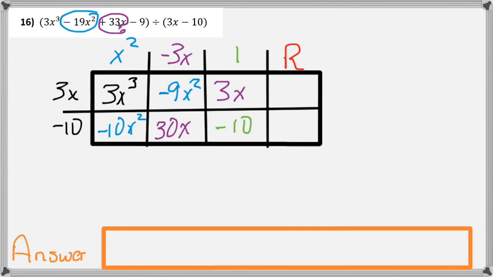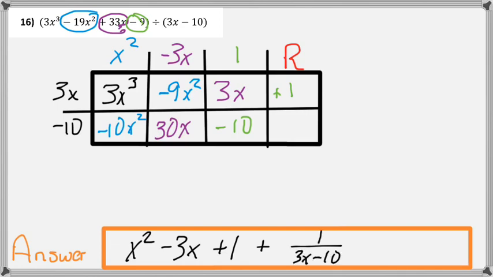And -10 plus what is going to be that -9, and that would be a 1. And so again, this is a positive one. So I have x squared minus 3x plus 1 is positive, so a plus, and then the 3x minus 10 in the denominator.